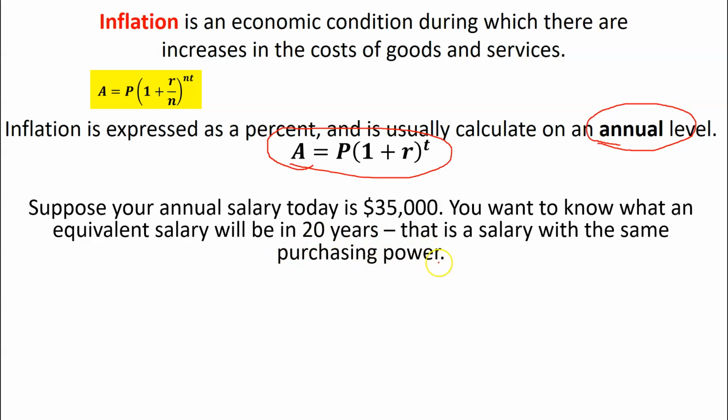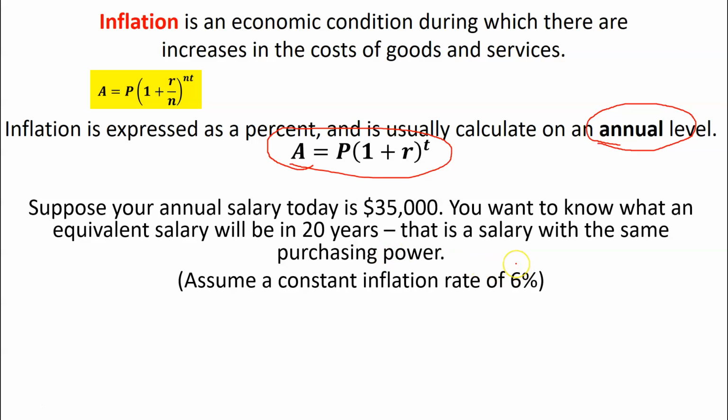I can buy the same stuff. So for whatever you can buy for $35,000 this year, in 20 years, how much money would it take to be able to buy the exact same amount of stuff? So purchasing power. Well, just for assumption's sake, let's pick a number. Let's say 6% is the inflation rate. It's pretty straightforward. Don't forget, though, this is going to be a decimal.